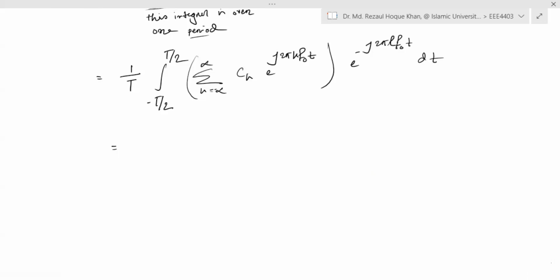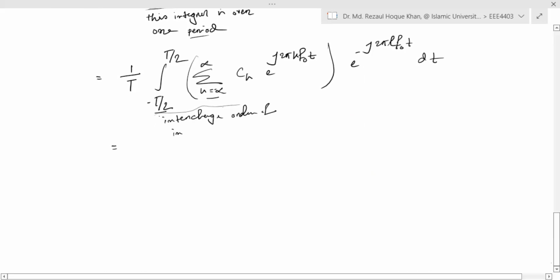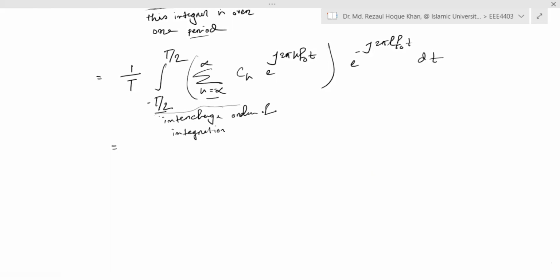What we'll do is interchange the order of summation and integration. In this equation you see there is an integration and a summation; integration is first, then comes summation. We'll change their order.